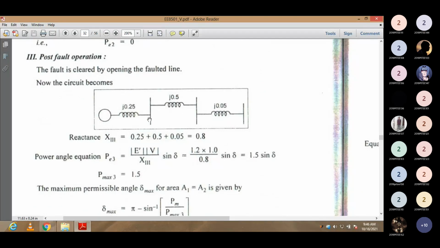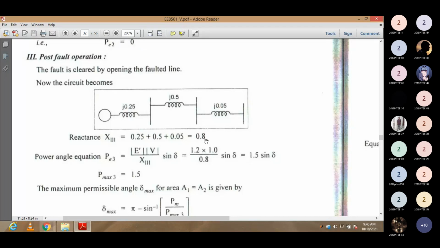If I am removing the faulted line, I am left with the remaining 3 branches. That is J.25, J.5, J.05. So 3 elements are connected in series. So the reactance X3 is 0.25, 0.5, 0.05. Adding the 3 values, the value should be 0.8.